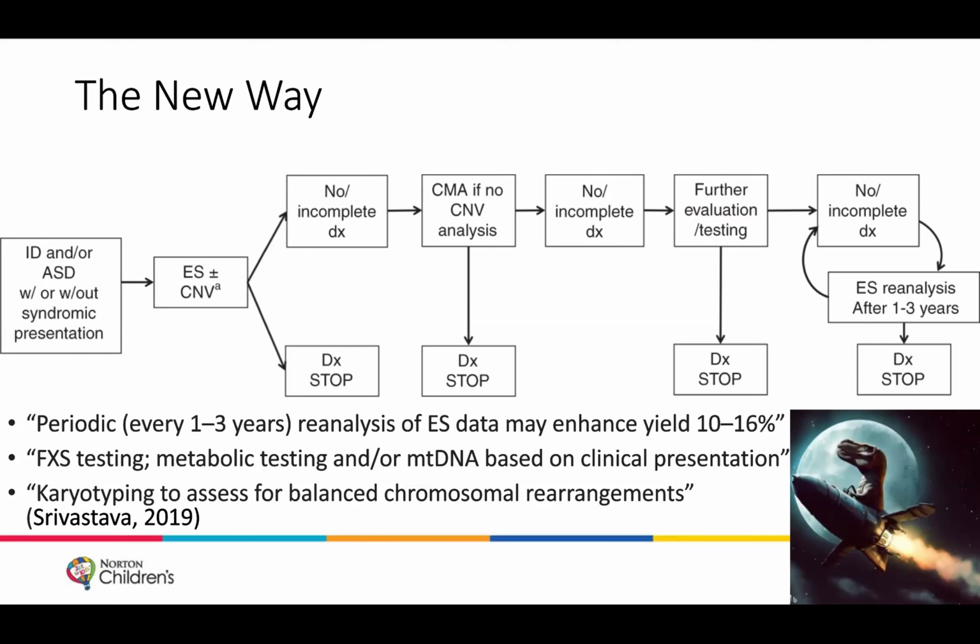And then Fragile X, because it is fairly common, but you need to see the craniofacial changes to be prompted to do it. We're a little less gung-ho on first tier Fragile X testing than we used to be. And then karyotype, actually, for balanced chromosomal rearrangements, which don't show up on CGH and they don't show up on exome. So there's another possibility there.